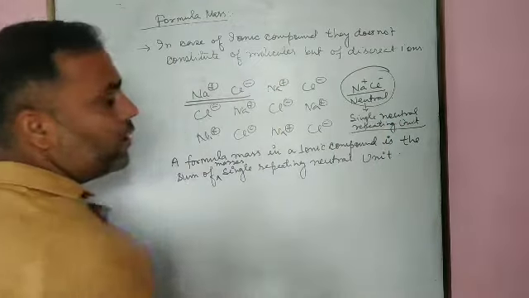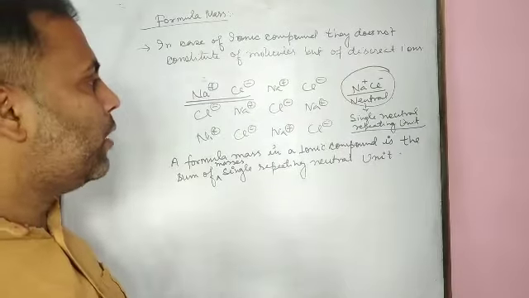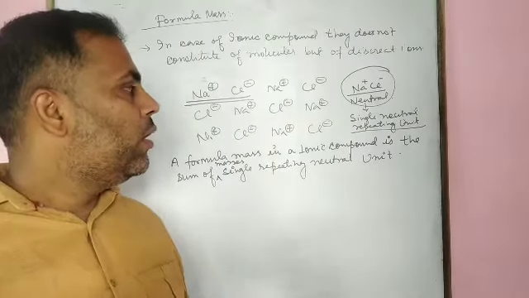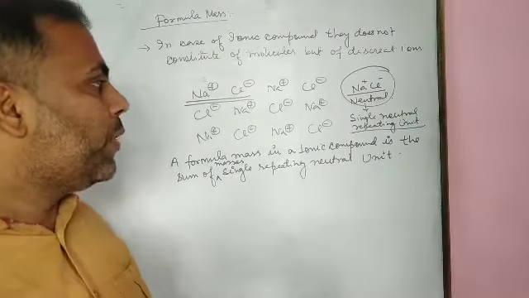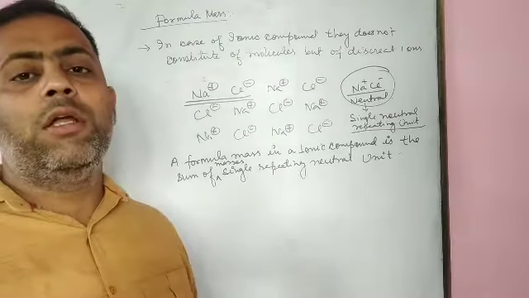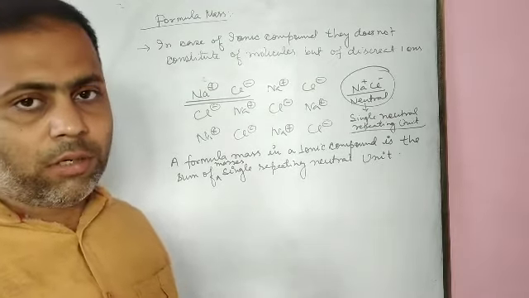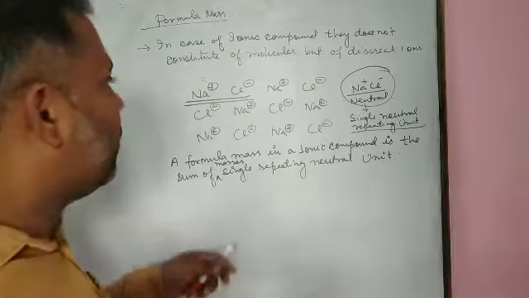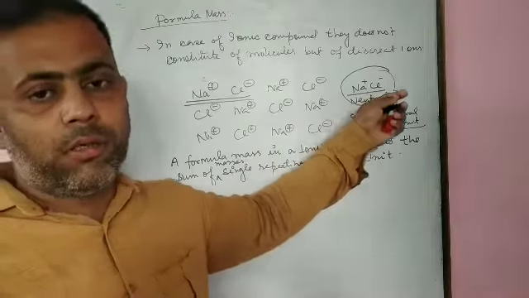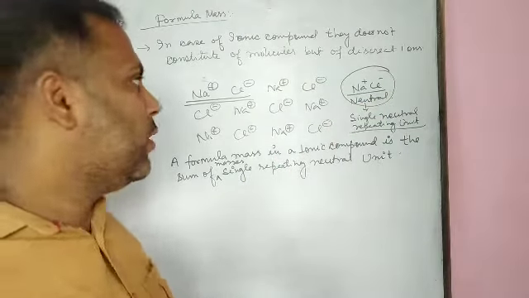When we have Na plus and Cl minus together, it becomes neutral. It is a single neutral repeating unit which gives the entire three-dimensional structure. The formula mass is the sum of the masses of this single neutral repeating unit.